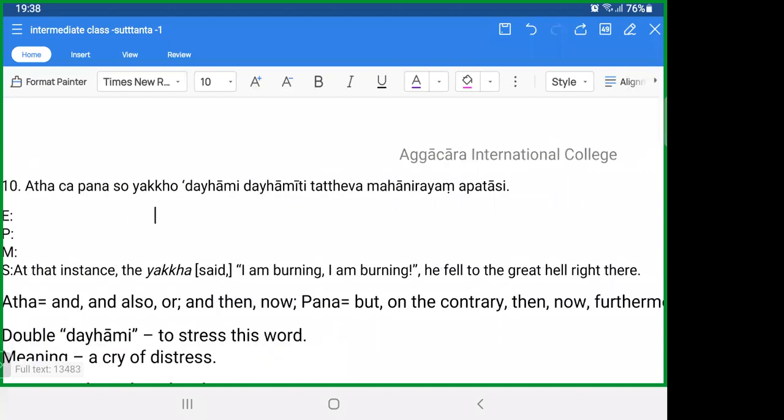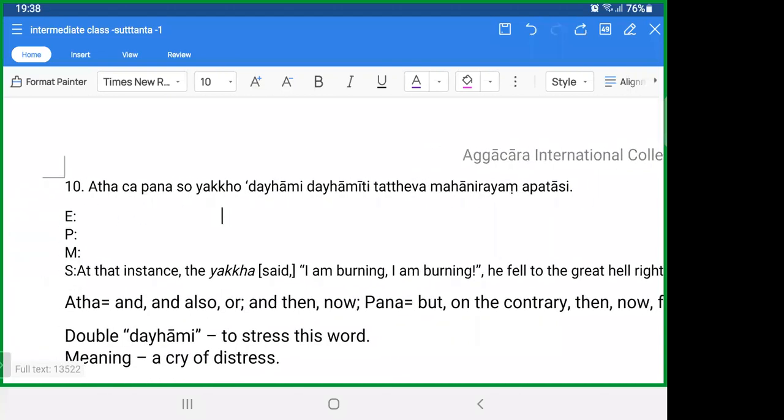I'll try the dehami. Okay, dehami is? The root word is da plus ya plus t. Wait. Give me the meaning first. The meaning is burnt, or burning.